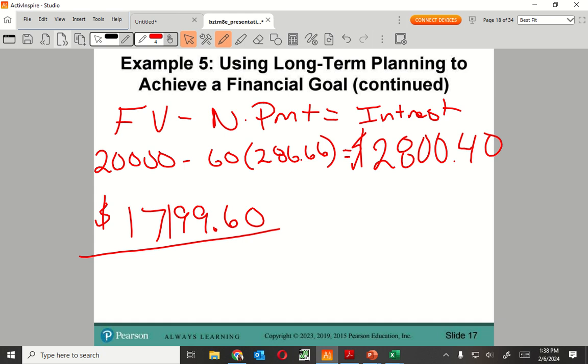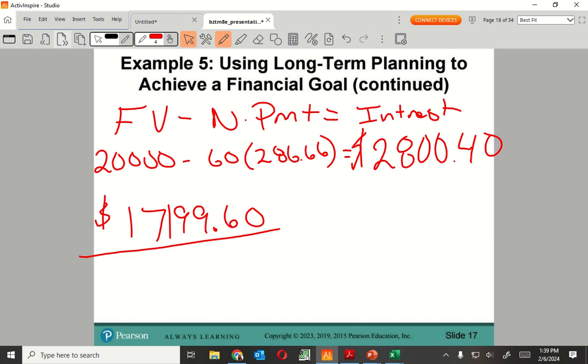So my goal is 20,000, right? In this problem, yes. How'd you get that? I took my 20,000 and I subtracted this amount. Oh, okay. And what that is, of that 20,000, I only had to put in 17,199.60. My account accrued interest for me.